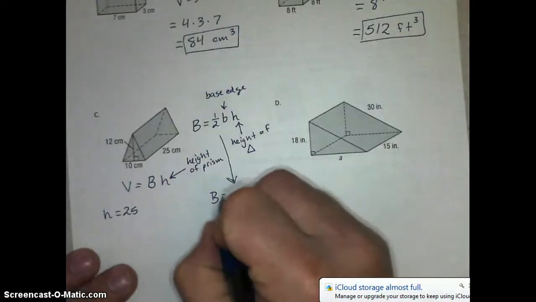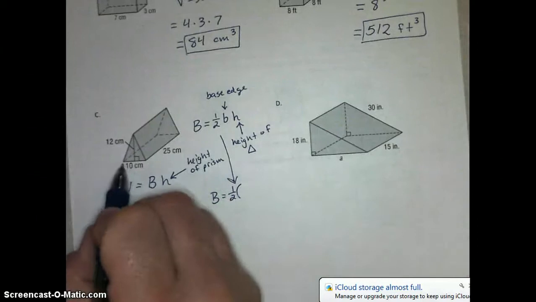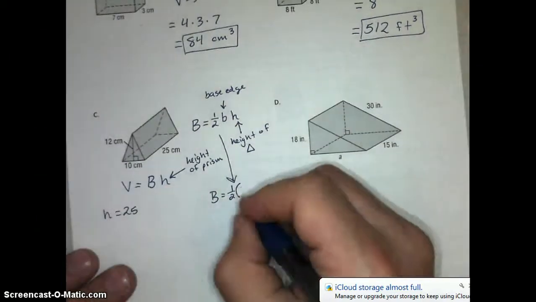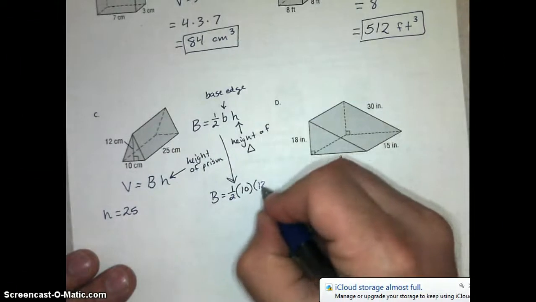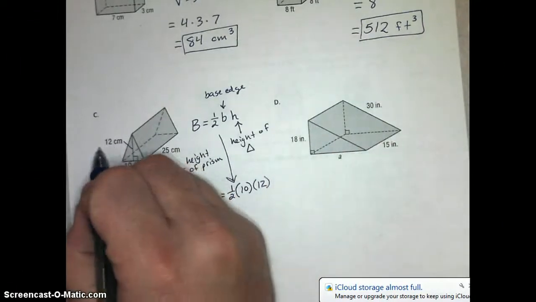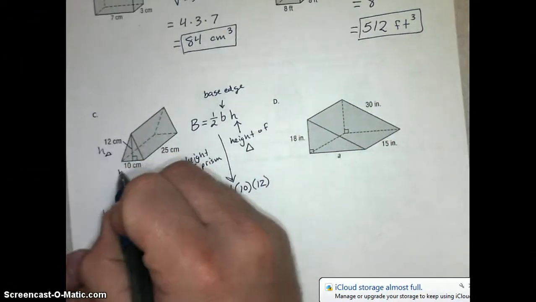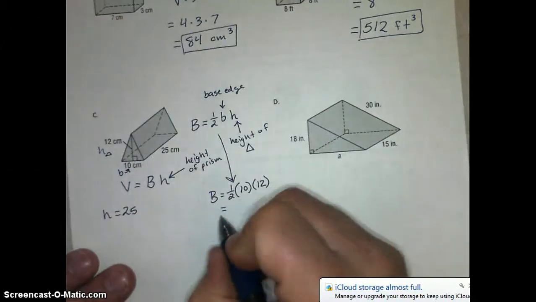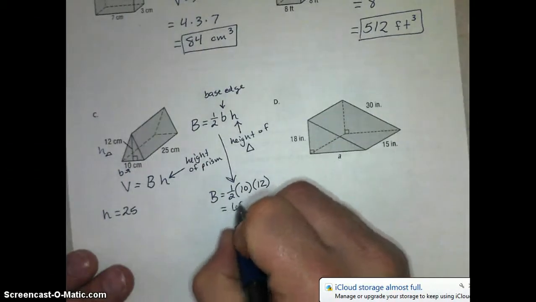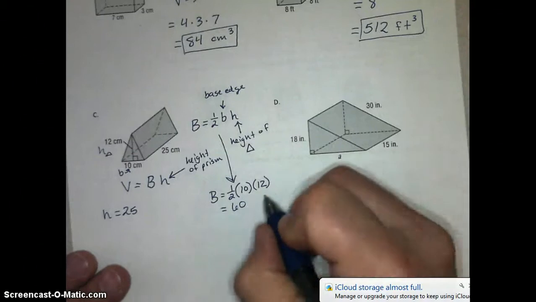The base area is 1/2. I'm going to call the base length of the triangle 10, and the height of my triangle 12. This is the height of the triangle. This is the base edge of your triangle. And so I get a base area of 60 square centimeters.